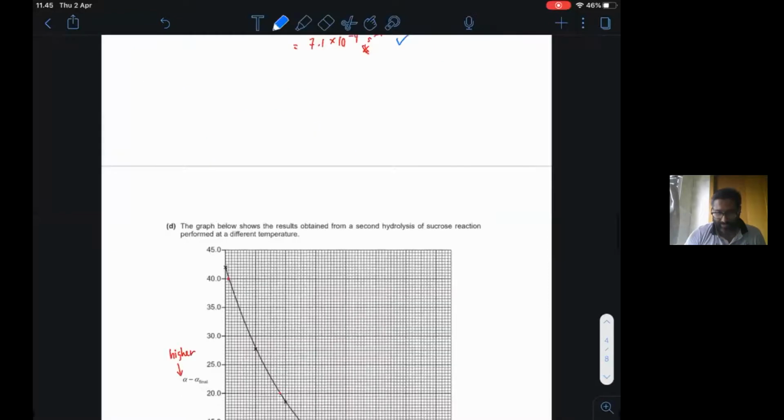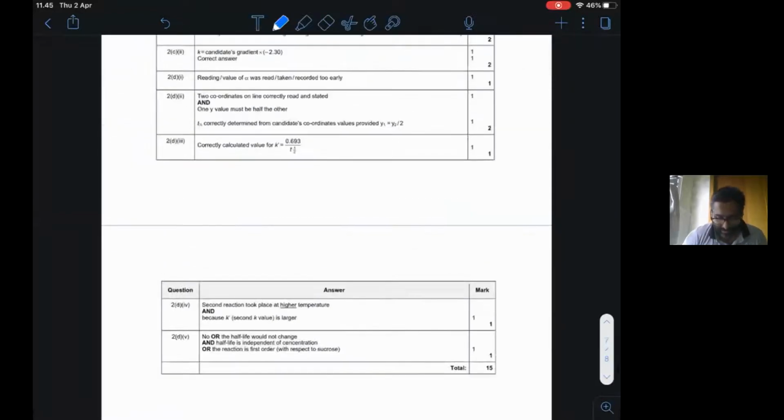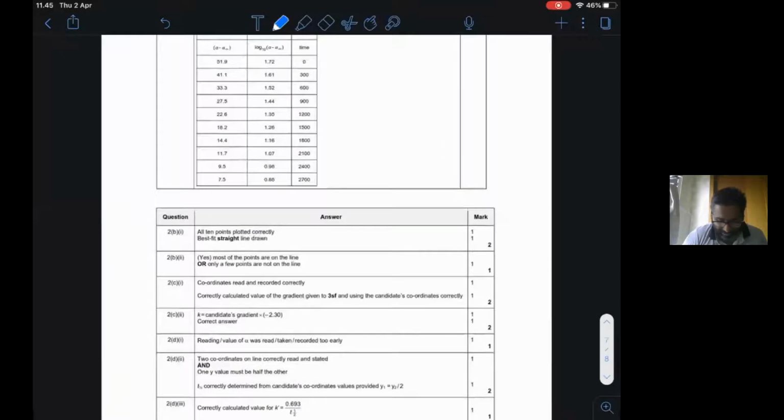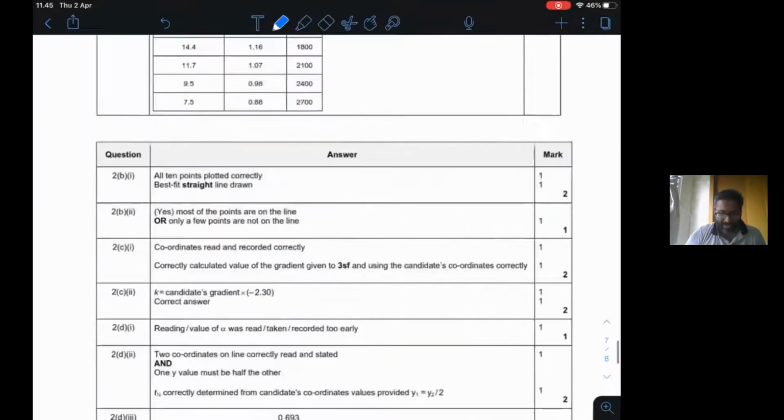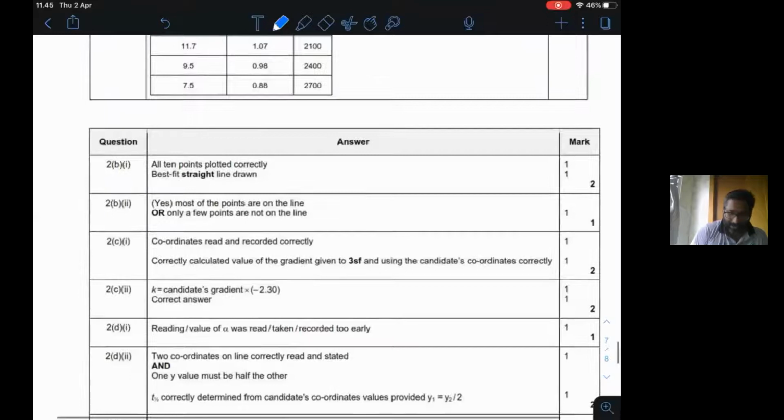Now I'll show you the answer given here. That's why just now I told you something to do with the negative value. They mention that if the candidate's gradient is given as positive, and you take the positive value times negative, then the answer should be negative. So the answer key is not so accurate. You're supposed to get a negative gradient here. They didn't mention it must be negative, but you must get a negative value.